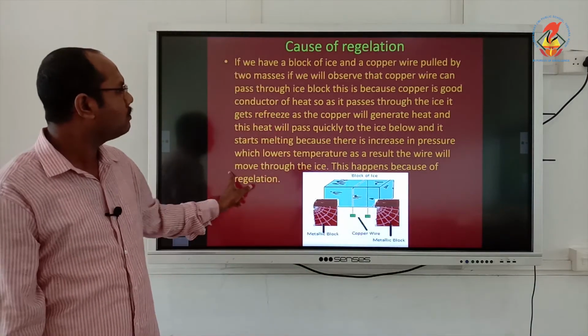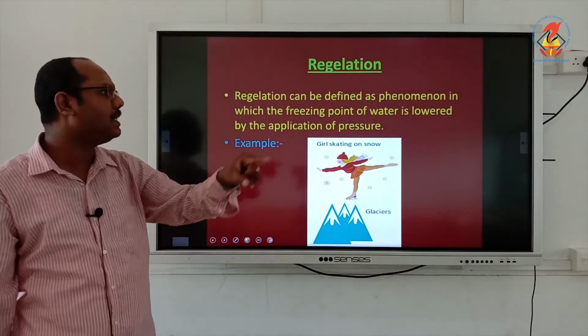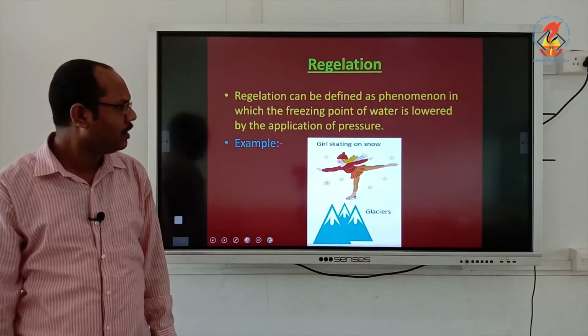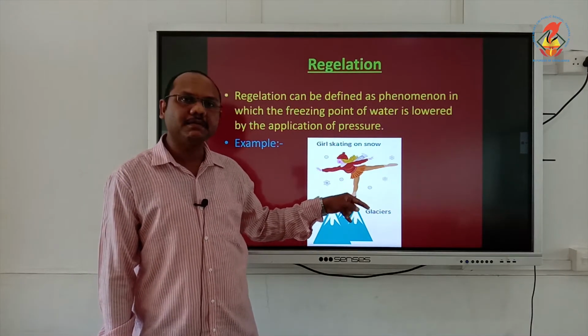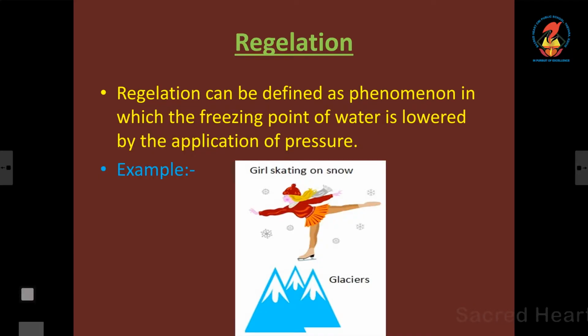It is because of this regulation that skating is possible on snow, because this girl is pressing the snow harder. When she presses the snow harder, due to the pressure the snow will melt, and when the snow melts, then what will happen?